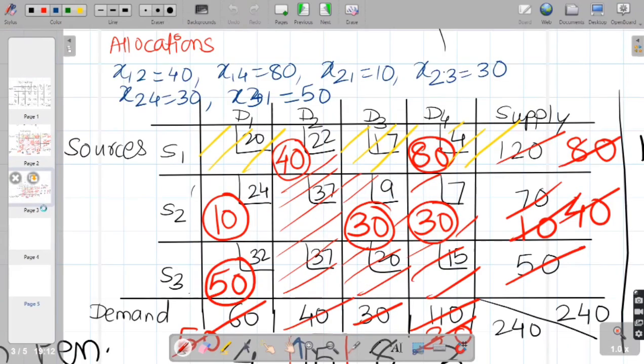You can see we are getting exactly 6 allocations at independent positions. At independent positions means we are not able to draw any closed loop around these allocations. So this is a perfectly non-degenerate IBFS.